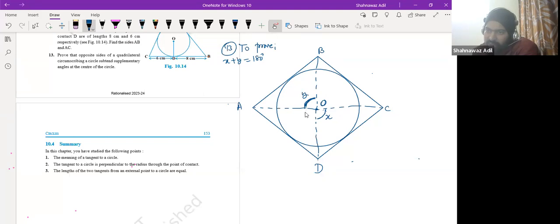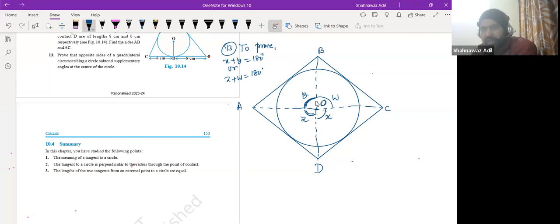Or we can also prove that, let's say this is x, y, z, and w, z plus w is 180. So this is the opposite side, AB and CD. Those are opposite sides, right? And this is making the angle at the center. So CD is making angle x, AB is making angle y, and we have to prove that these are supplementary.